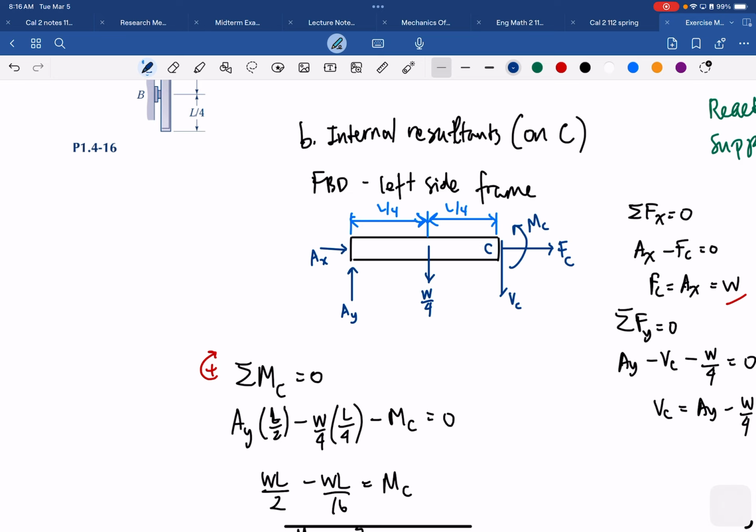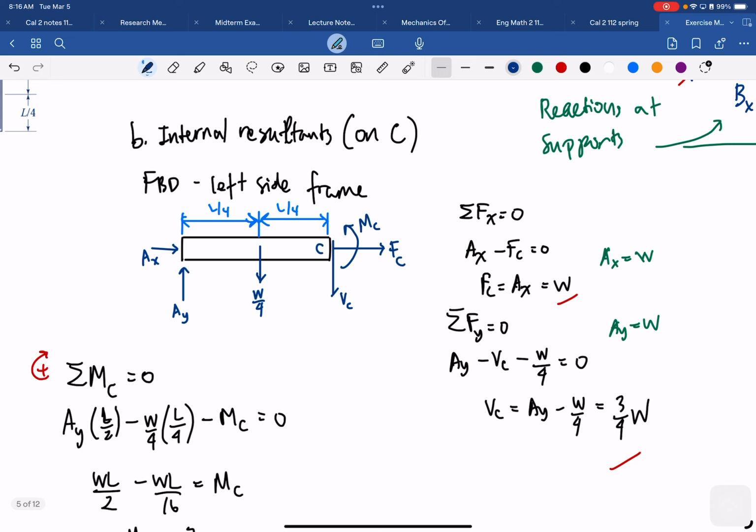After you get the moment, you can also take the sum of forces in x and y to get the FC and the VC, the axial or normal force and the shear force.